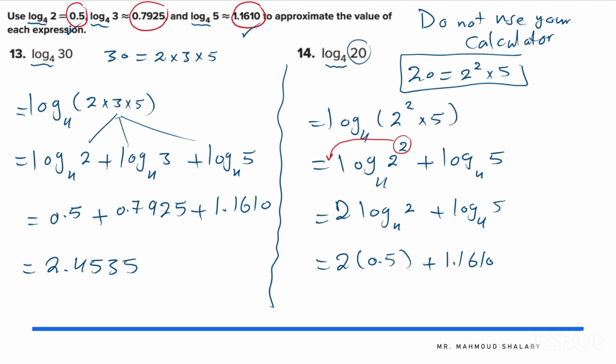And if you will add them, if you remember we said in this part you can use a calculator, no problem with this. So the answer will be 2.1610 or 2.161. Actually you don't need the calculator at all, as 2 times 0.5 is 1, plus this I will just add 1 to the whole number.